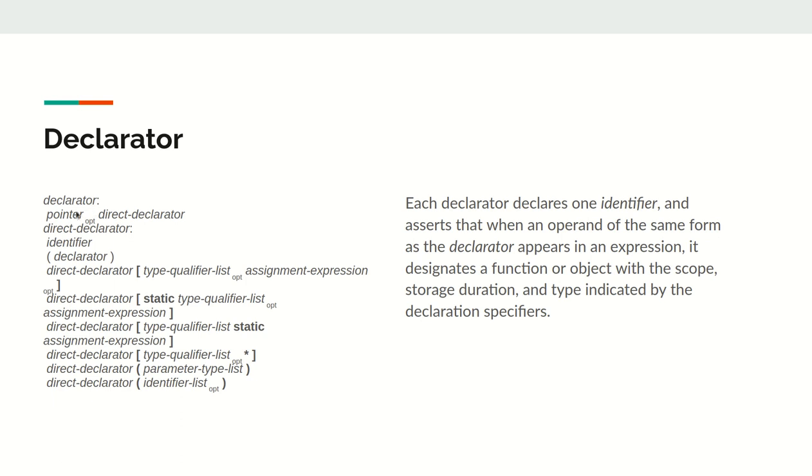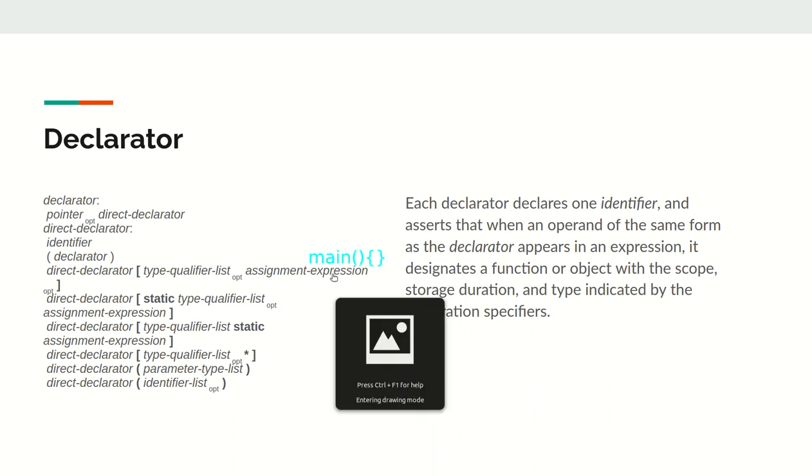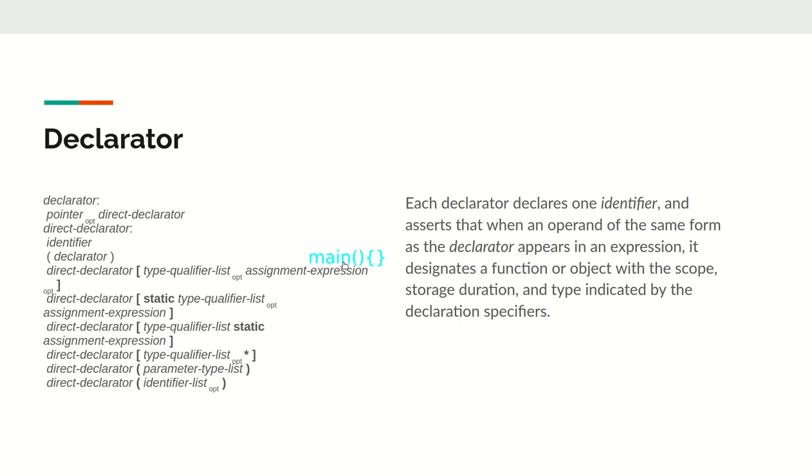From this declarator we need one identifier, and for the function we need the rounded brackets. So just like this, main and rounded brackets. Then for the compound statement, the left curly brace. We have not included any declaration specifier.